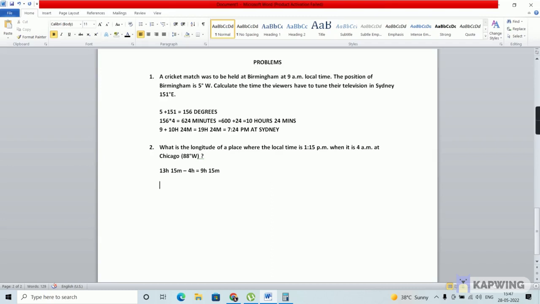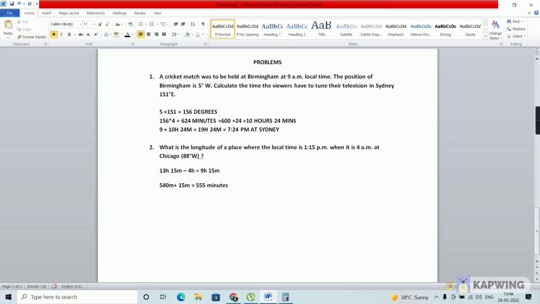And if you convert this hours into minutes, that is, if you multiply this 9 by 60, it is 540 minutes plus 15 minutes, which is equal to 555 minutes. So these two places are 555 minutes apart from each other.